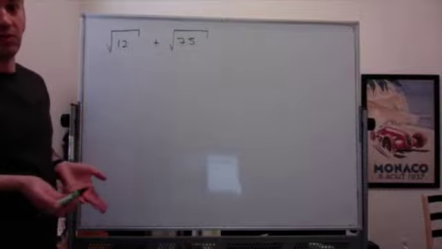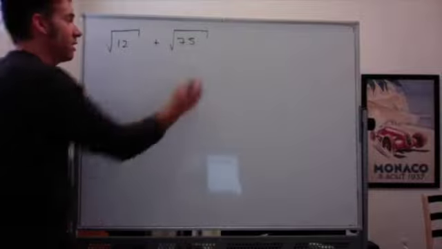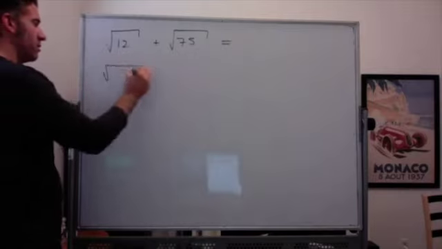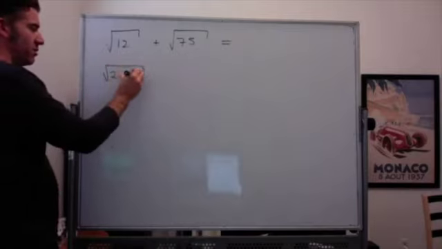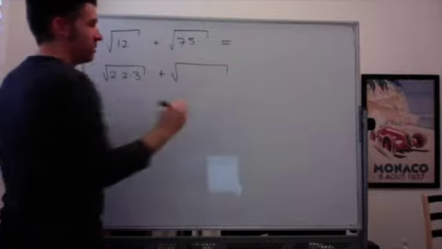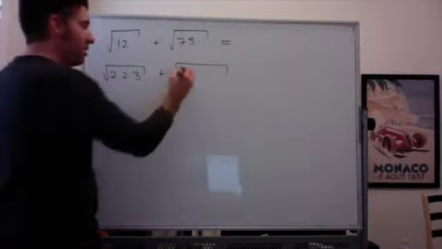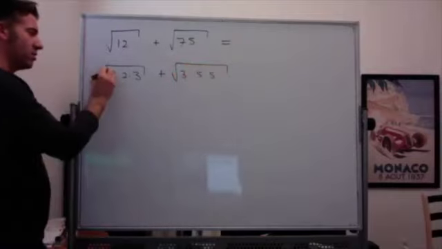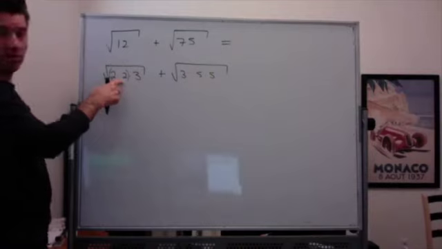It's something that we can simplify though, because 12 is 2 times 2 times 3. And 75 is 3 times 25, which is 3 times 5 times 5. And here, the square root of 2 times 2 is 2.